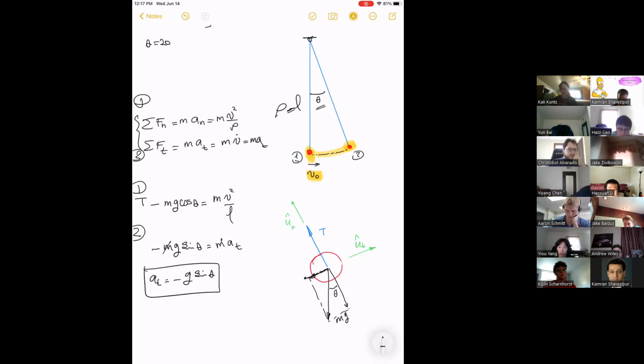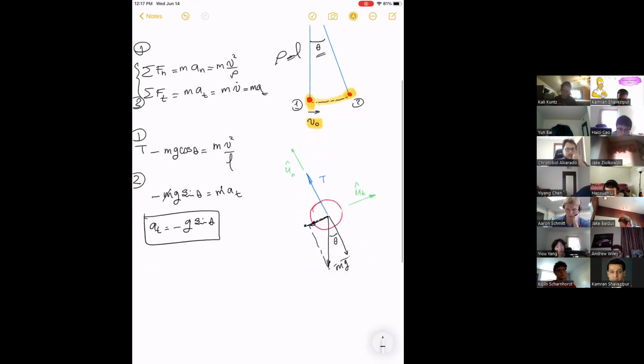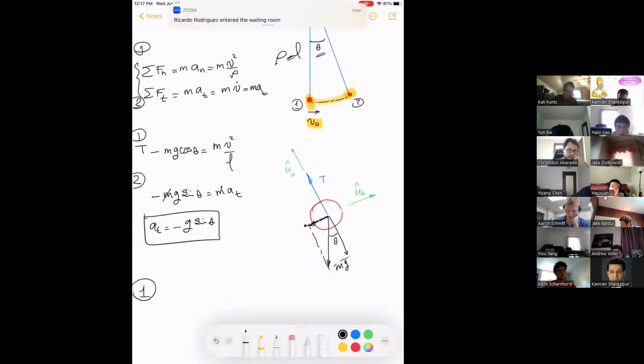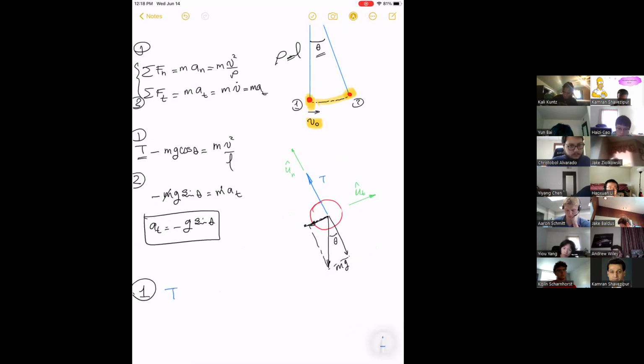If I look at equation 1, I can determine T. I'm looking for T, right? I'm going to write T is equal to mg cosine theta plus mv squared over L. What are the unknowns here?